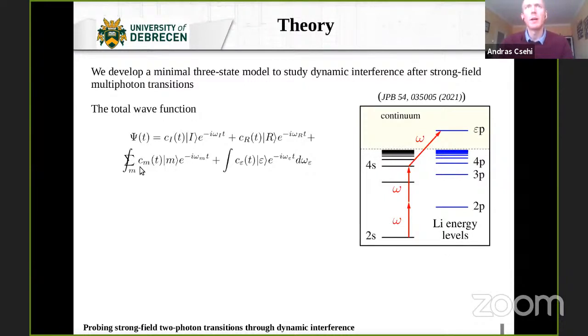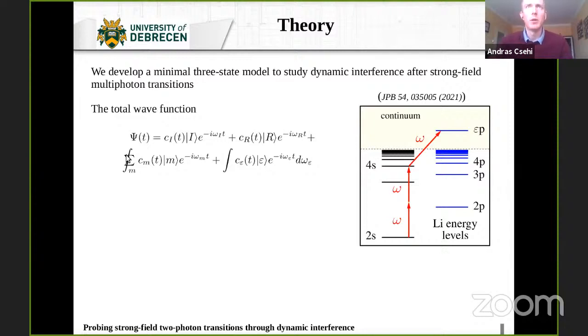Even though they are not populated, they are important because, as we will see, they give rise to the Stark shifts of the essential states, the initial and the resonance states. So it is important to include these states in the description.